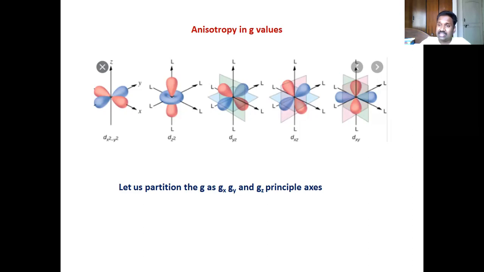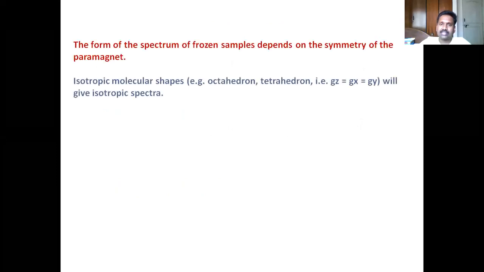You get a single G value for octahedral symmetry complexes. Of course, the tetrahedral symmetry is also spherical symmetry, and you get single G values. And if you get a single G value, then we call that an isotropic spectrum, isotropic G values.